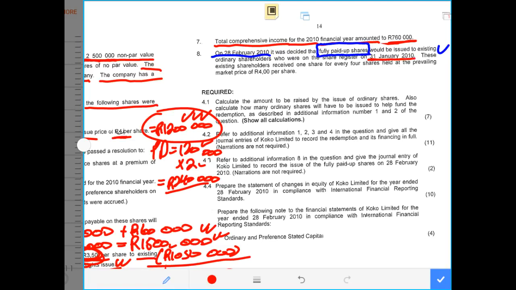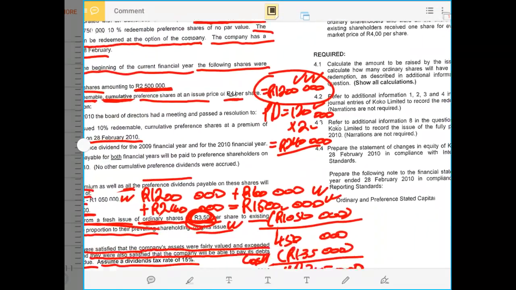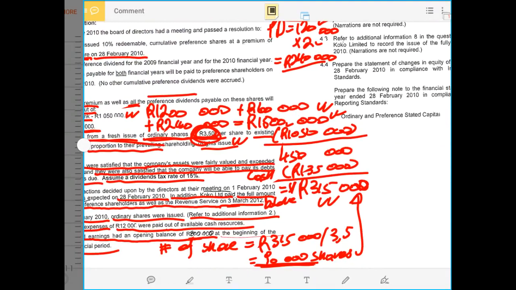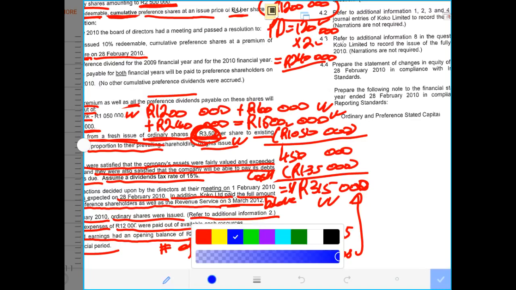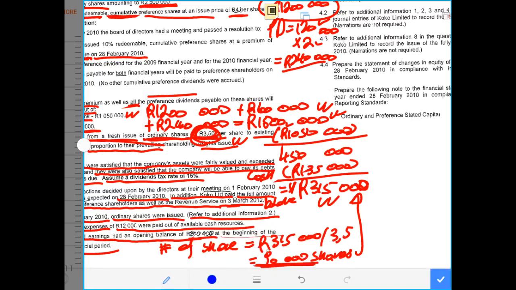Now, the emphasis of this date is very crucial for one major reason because there are shares that were issued during the year. Remember, during the year, we issued some shares in order to finance the redemption. And those shares were how many? 90,000, here at the bottom with the blue one. 90,000 shares were issued in order to raise money for the payment of the redemption of the preference shares.